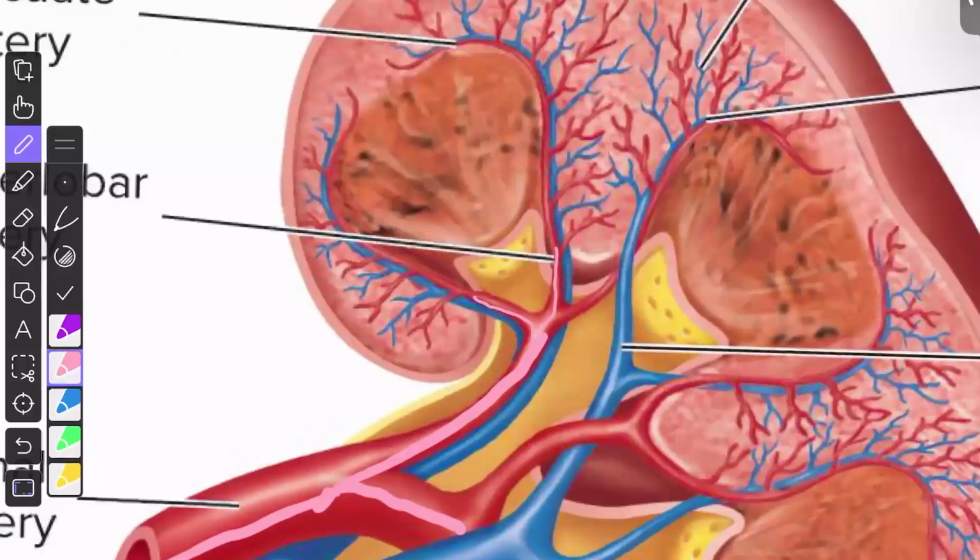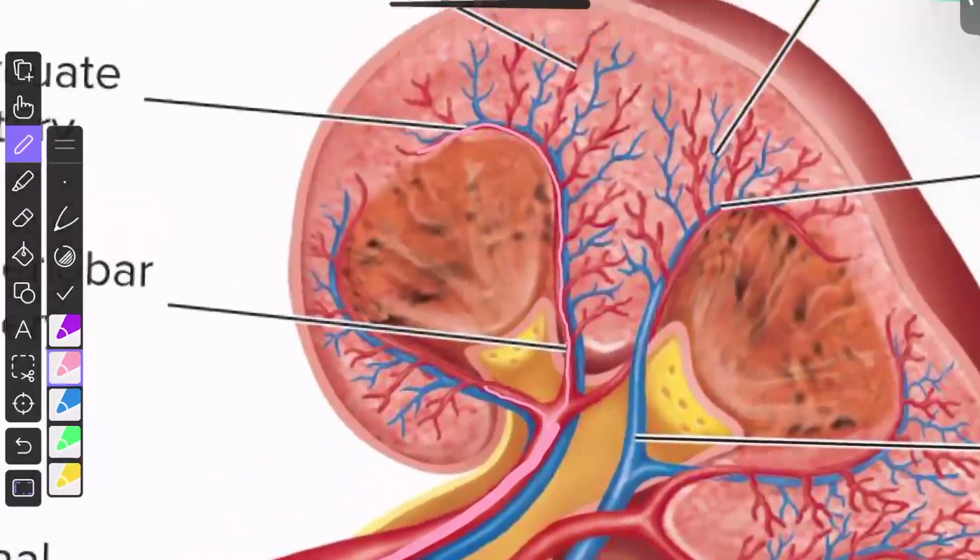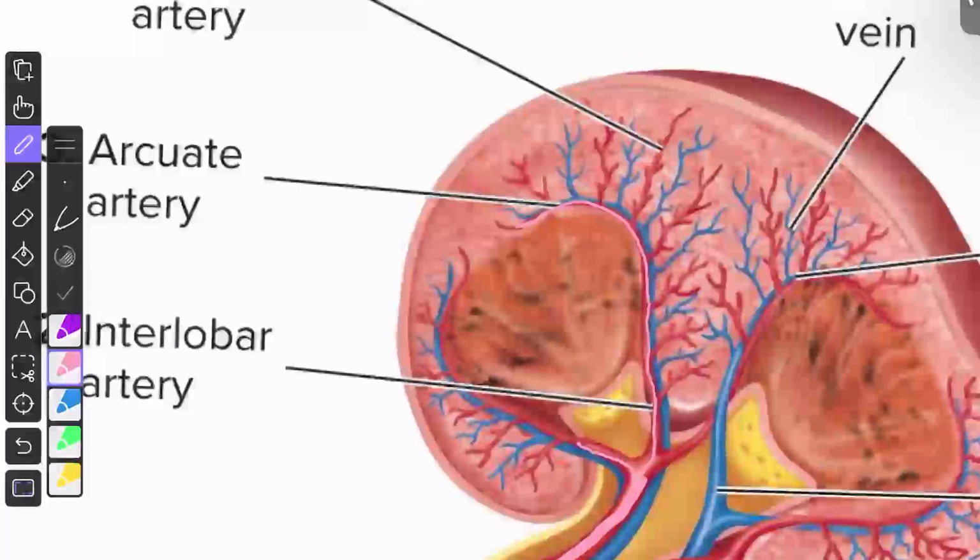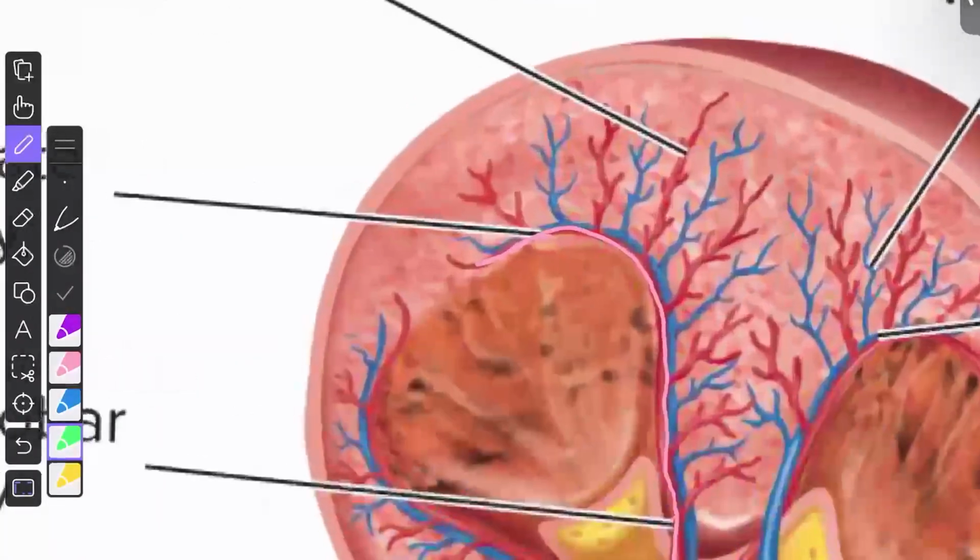The interlobar arteries will then work their way up and form the arcuate arteries. The arcuate arteries are going to arc around that corner. And those arcuate arteries are going to branch. I'm going to switch over to a green color here because it's easier to see that way.